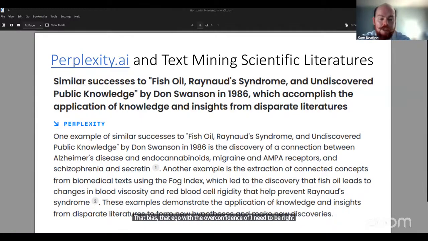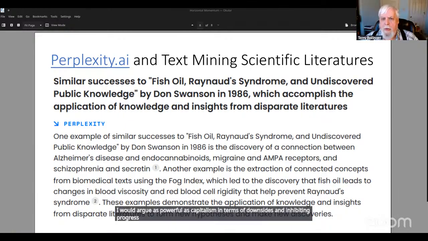I have built up so much momentum, so much effort I poured into this. I can't be wrong. I can't afford to be wrong. And that can expand beyond I into we, the institution or organization or lab or what have you. And it's a powerful force. I would argue as powerful as capitalism in terms of downsides and inhibiting progress.